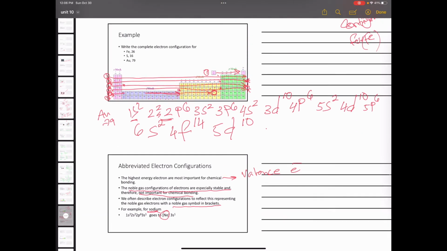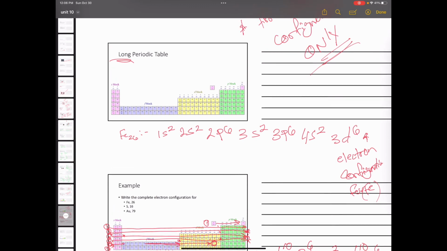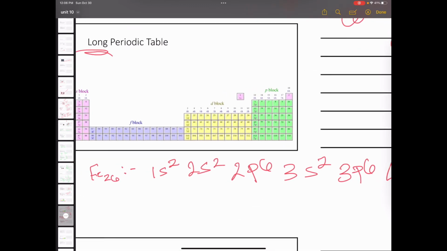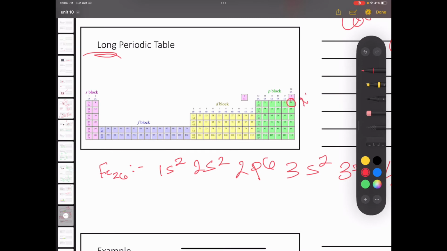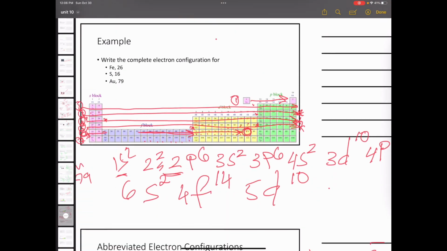If you go back to the periodic table, this is where neon is sitting, with 10 electrons, and I can simply move to the third principal energy level, and with 11 I can just use a 3s1, okay? And that's what I will do.